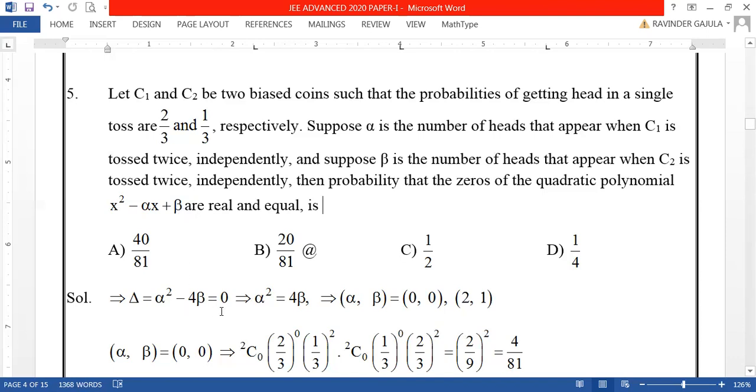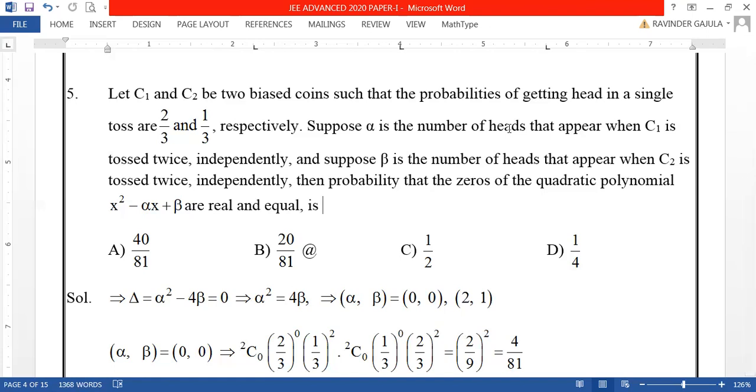See, when x square minus alpha x plus beta has two real and equal roots, what is the condition then? Delta equal to b square minus 4ac, you know, that is alpha square minus 4 beta equal to 0, which implies alpha square equal to 4 beta. Here alpha can be 0, 1 or 2. Why? Because alpha and beta are the numbers of heads when C1 and C2 are tossed twice independently.